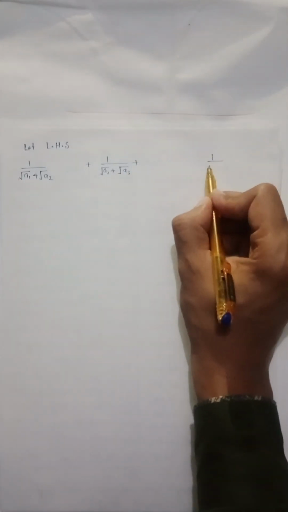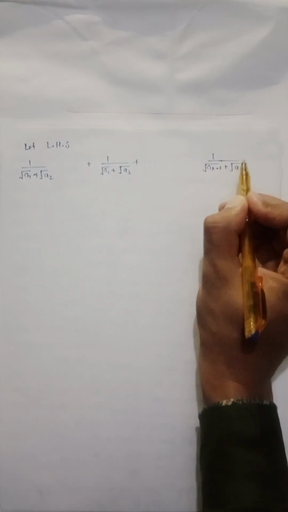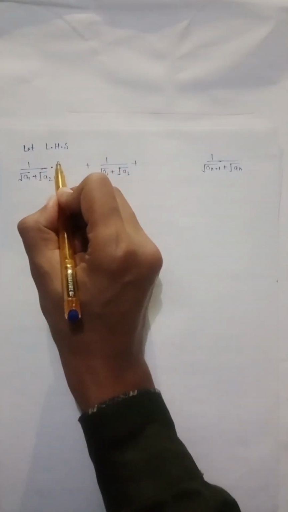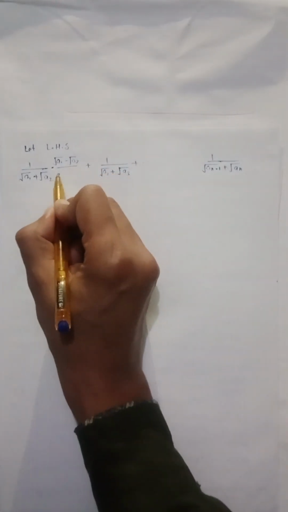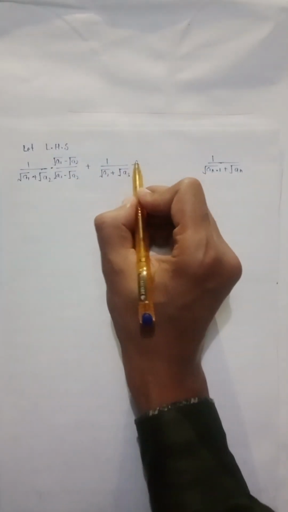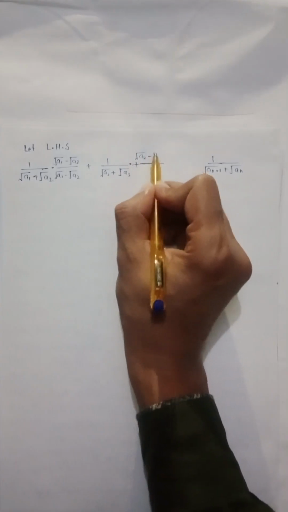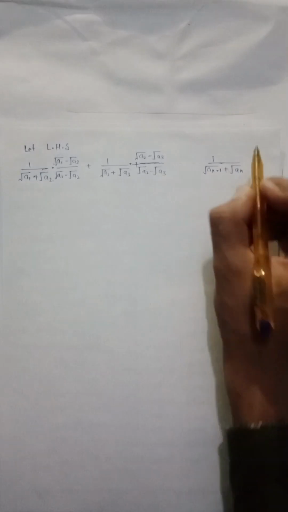By rationalizing this, by multiplying root a1 minus root a2 over root a1 minus root a2, multiplied by root a2 minus root a3 into root a2 minus root a3, and this root a(n-1) minus root an divided by a(n-1) minus an.